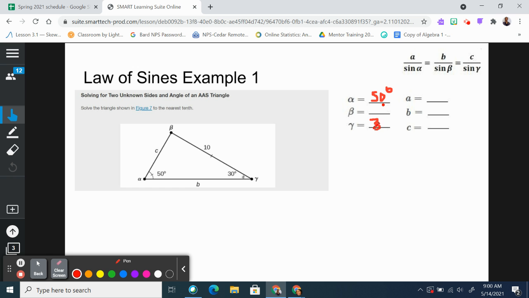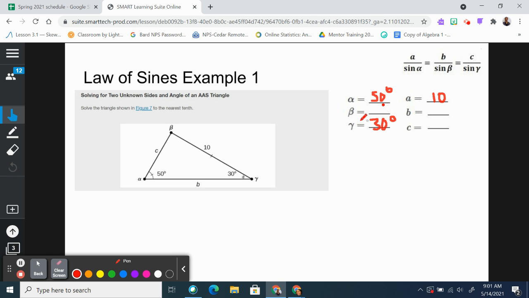So we're going to write a 30 right here. And also from this triangle, we have information about this side right here. It's not labeled, but it's opposite alpha, so this must be side a. So we know that side a has a length of 10. So I can fill in that information as well.